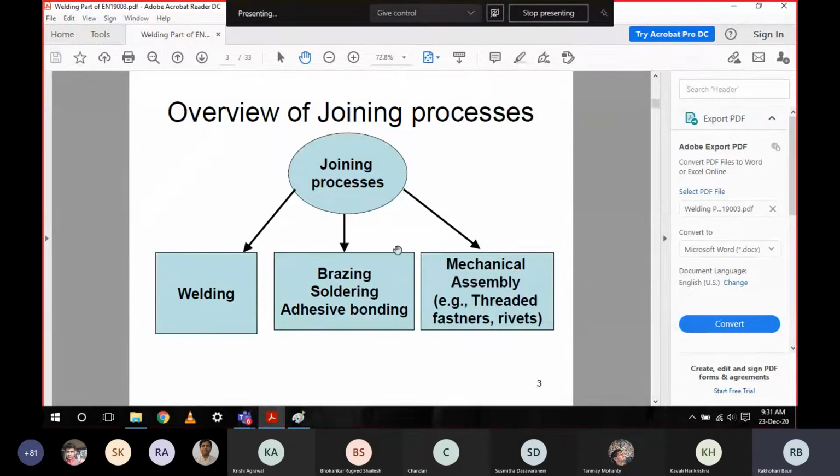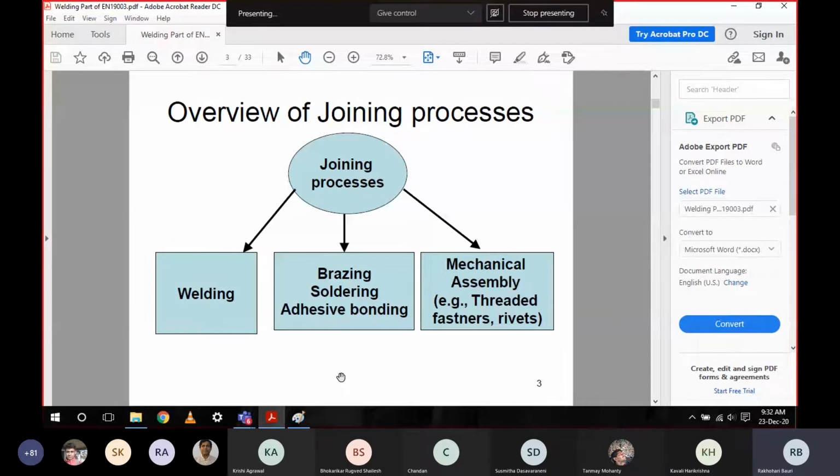Okay. And in the second type of joining process, which is brazing, soldering, adhesive bonding, we simply use a low melting point material to join two substances.